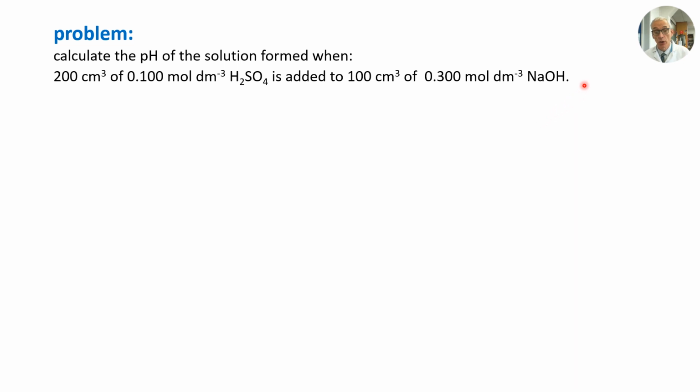So if I model one calculation, then I'll set you a problem on the next page. So calculate the pH of the solution formed when 200 centimeters cubed of 0.1 sulfuric acid is added to 100 centimeters cubed of 0.3 sodium hydroxide.